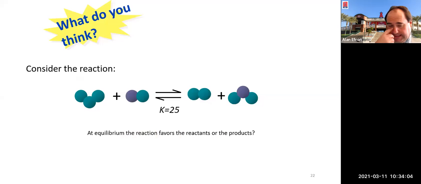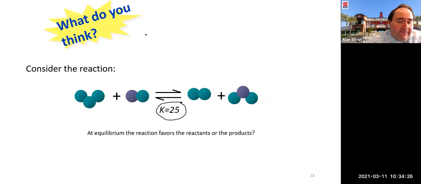So here, if we look at this at equilibrium, does the reaction favor reactants or products? If we look at this reaction, we have a Mickey Mouse plus a couple of circles and an upside down Mickey Mouse on the other side, I think. But the important thing in helping us determine that is actually the value of the equilibrium constant.